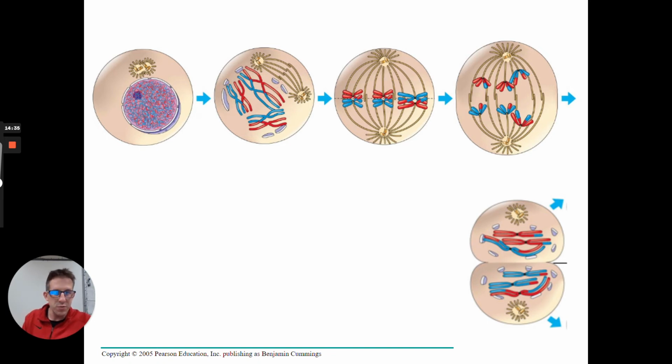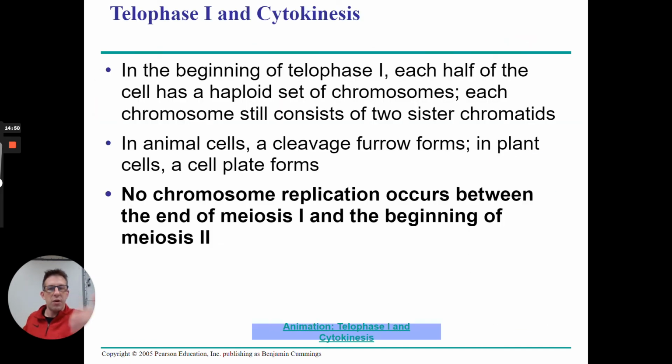The differences we see are in prophase 1. There's some big differences there, so make sure you study that one. And also in anaphase, there is a difference where we have the homologous chromosomes separating as opposed to the sister chromatids. Okay, so there is your overview synopsis of what happens in telophase 1, cytokinesis.